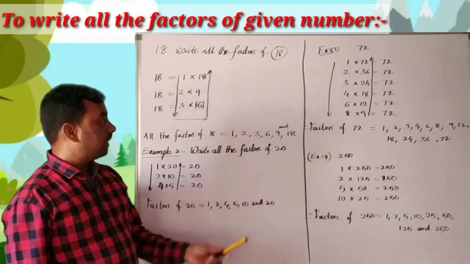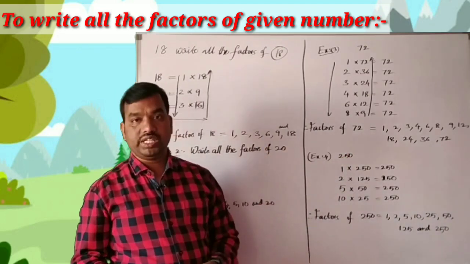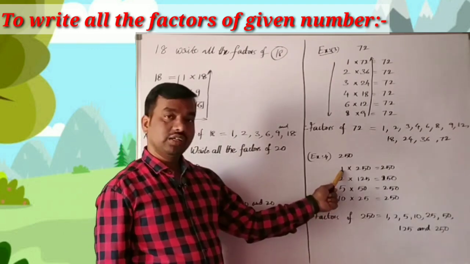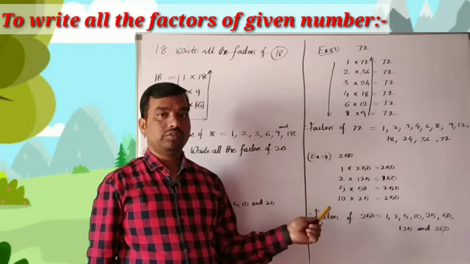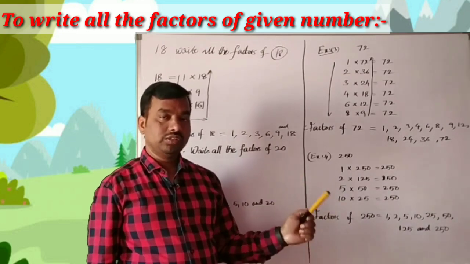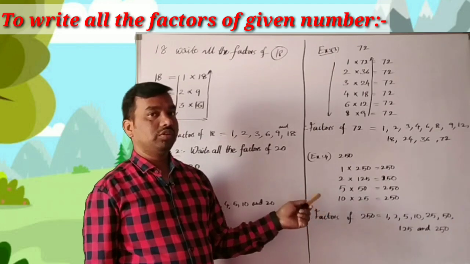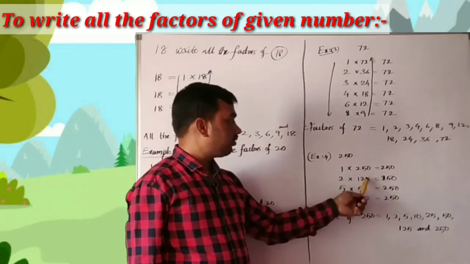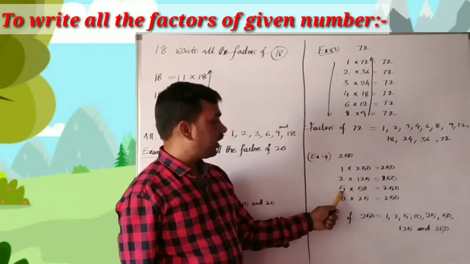Next, example 4. Write all the factors of 250. You take 1 250s are 250, and 2. What is the divisibility rule? The last digit is 0. So 250 we can get. So 2, you cancel the number. When you cancel the number, you get 125. 2 125s are 250. And 5?